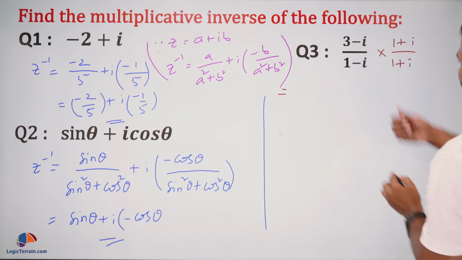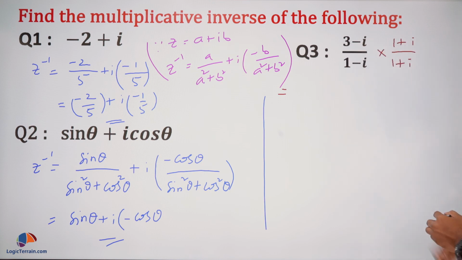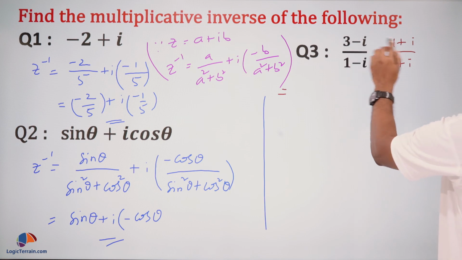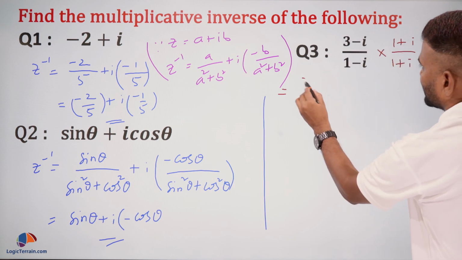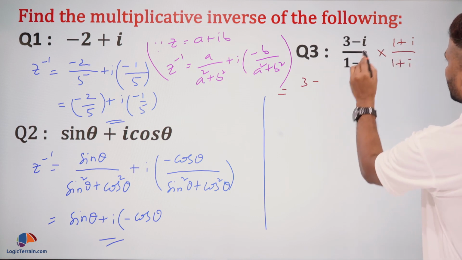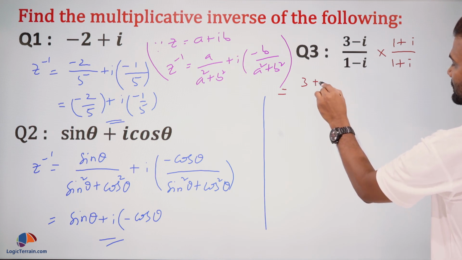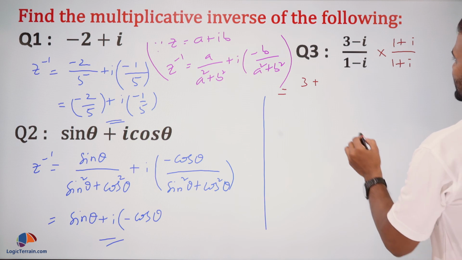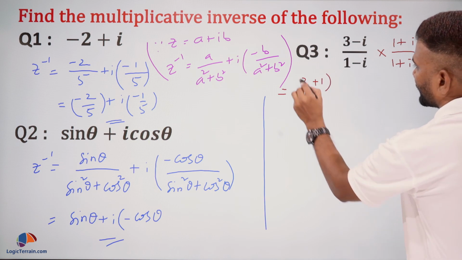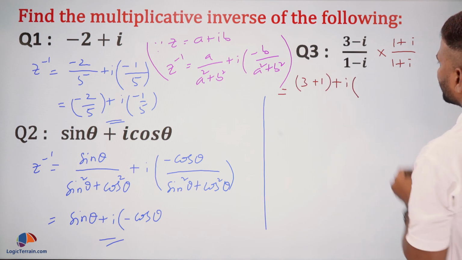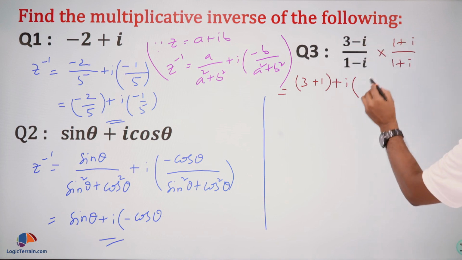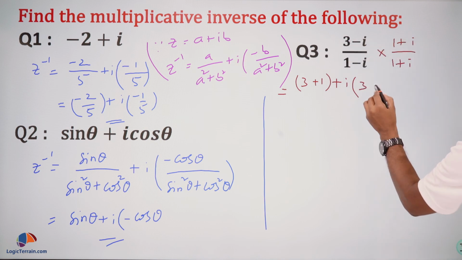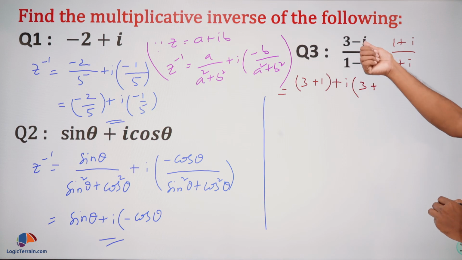On multiplying these two using the product rule, that is AC minus BD, that is 3 ones are 3, minus BD, that is negative into negative, positive. This is i into i, that is 1, plus i of AD, 3 into 1, 3, plus BD.